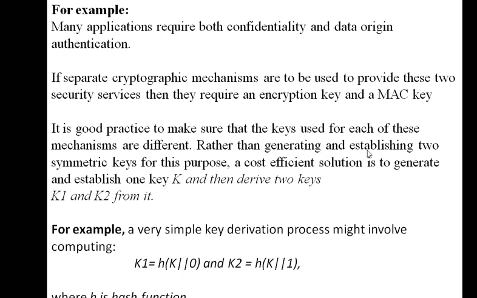Rather than generating and establishing two symmetric keys, a cost-efficient solution is to generate and establish one key K and then derive two keys, K1 and K2, from it. K1 is equal to h of K, that is K0, and K2 is equal to h of K and 1. This is the derivation of keys. Here h is a hash function.